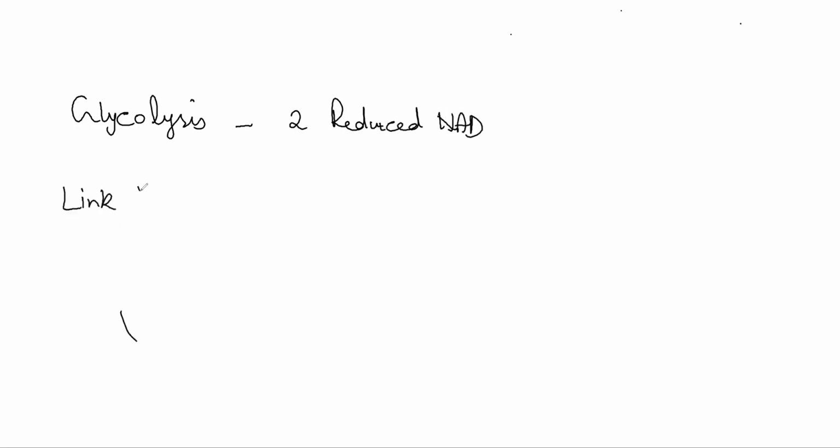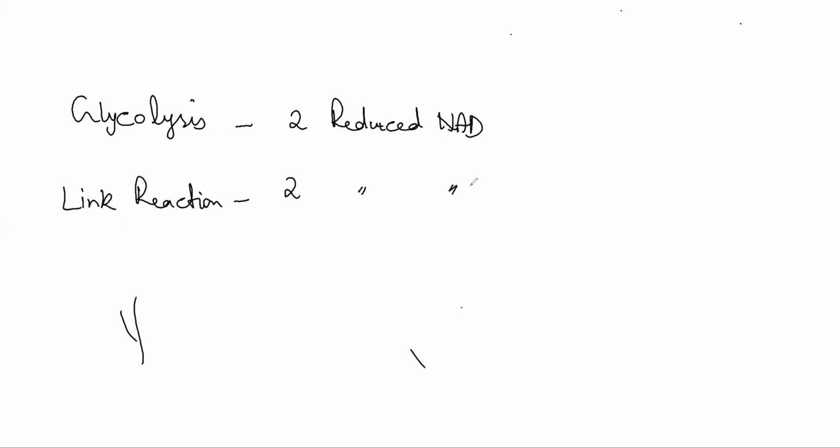From glycolysis, how many reduced NAD are there? There were two reduced NAD molecules, right? In the link reaction, how many? There were two once again, okay?